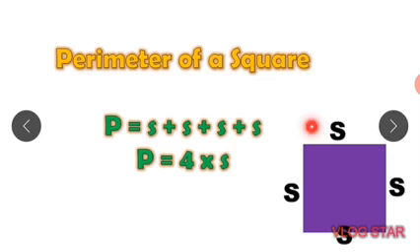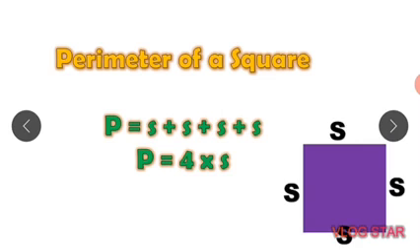You add all the distances from this point around, going back to this point. So that is the distance around the square, the sides of a square.